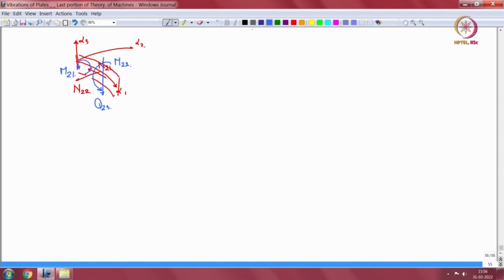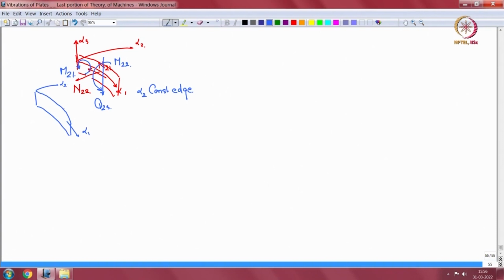So now this is the alpha 2 constant edge. Similarly, if I just reproduce that edge over here, okay, this is alpha 1 and this is alpha 2.